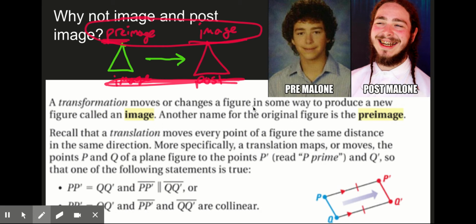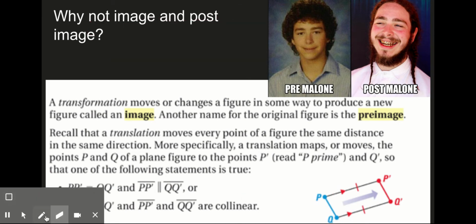And a translation is the first thing that we're going to learn about, where we're going to move every single point in the same direction, in the same measurement. So we're going to use what's called vectors. You're going to take a point and apply the same vector to every point such that all the vectors run parallel to each other and these points are collinear.